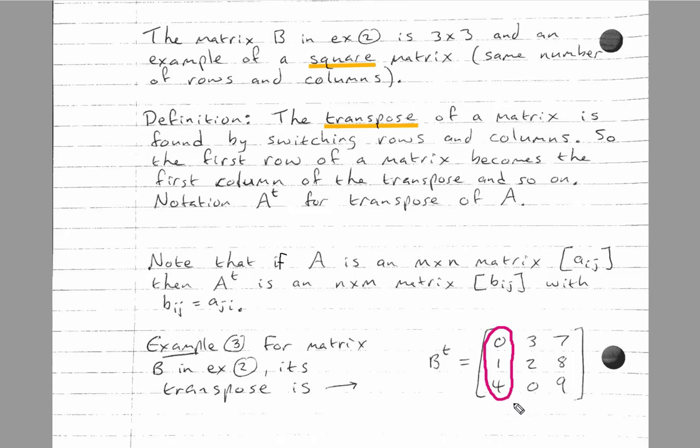The second row was 3, 2, 0. That turns into the second column. All right, so the transpose, just the rows of the original turn into the columns of the transpose, and vice versa, so that the columns of the original turn into the rows of the transpose.